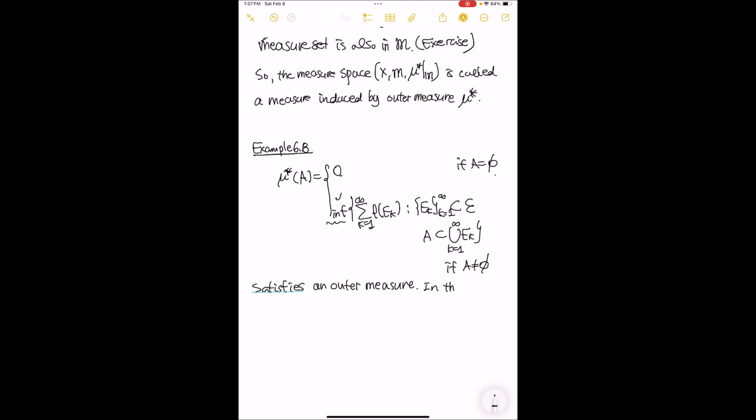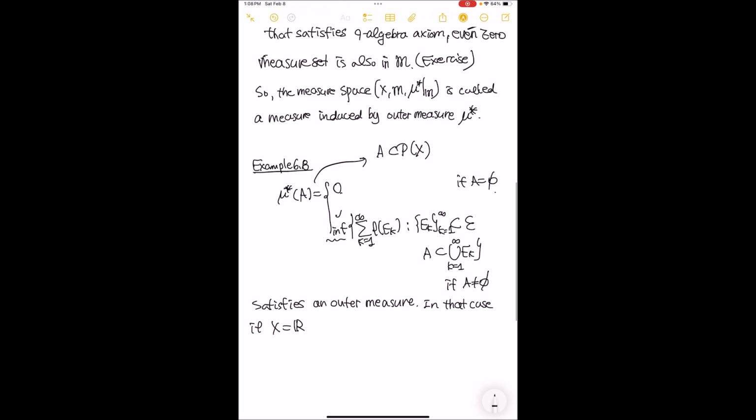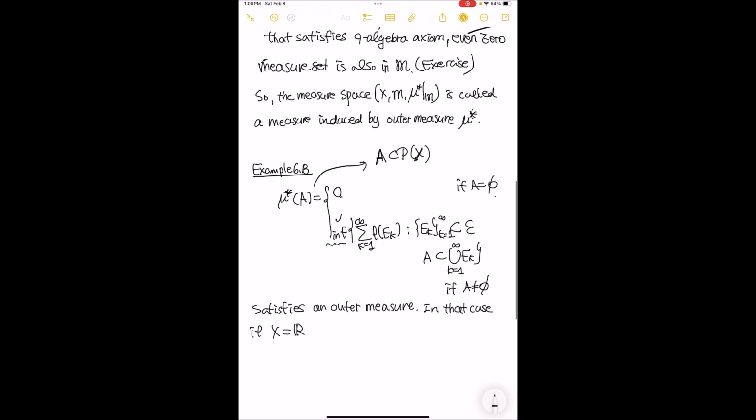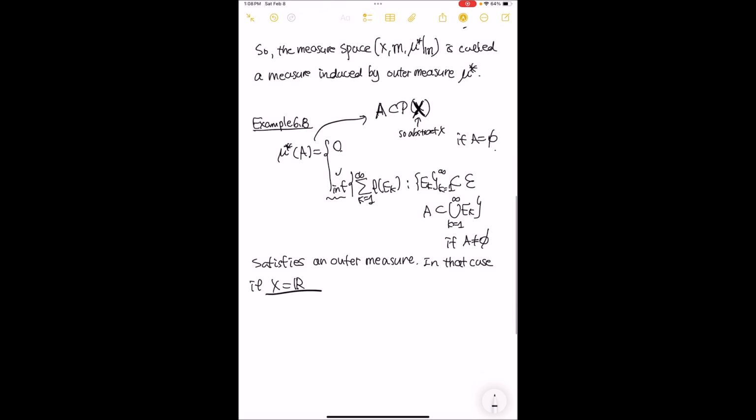In that case, X is R, and A is a subset of it, a power set. Before, X was an abstract set, but now it is a very specific set, the real numbers.